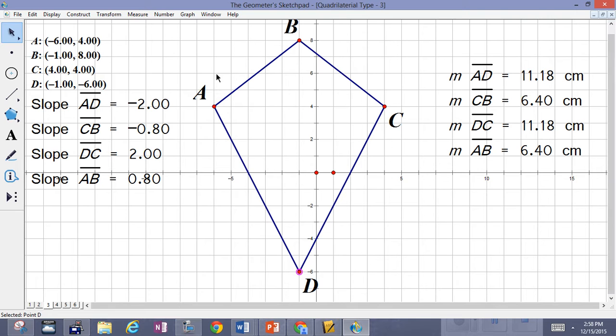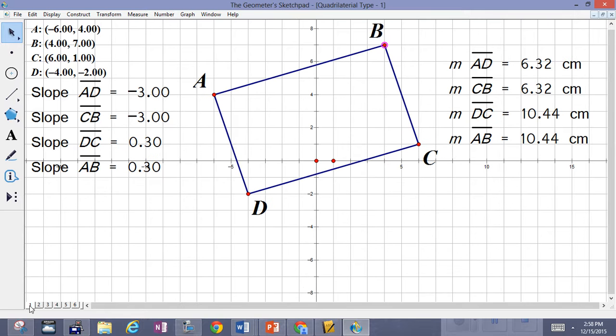Now you can't simply go by the appearance. This looks to be a kite. Now how would I know it's a kite? Well, I'm going to first off determine what are my slopes and what are my distances, because in one case I give you what looks to be a rectangle, and of course, how would you know it's a rectangle?